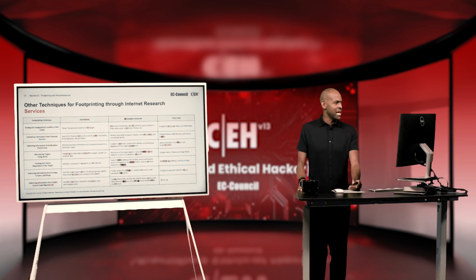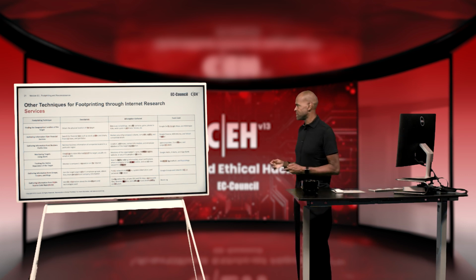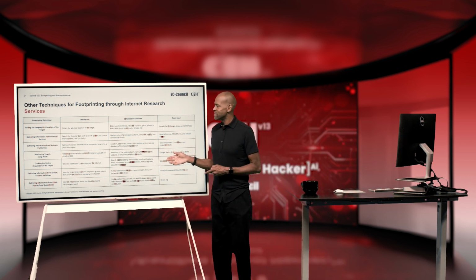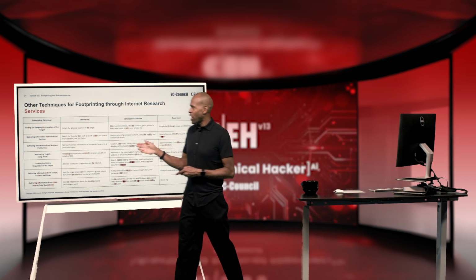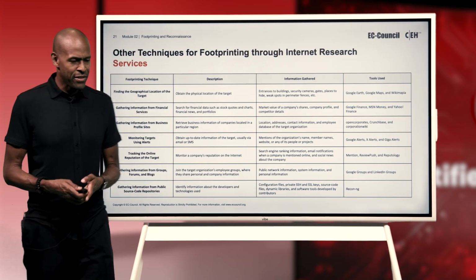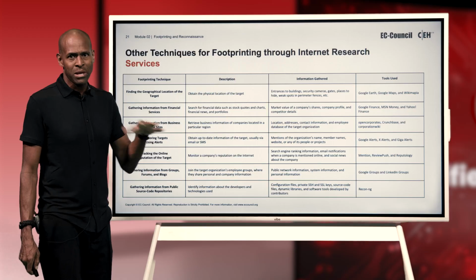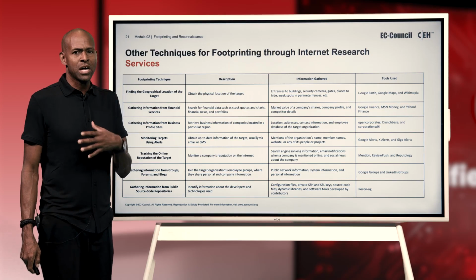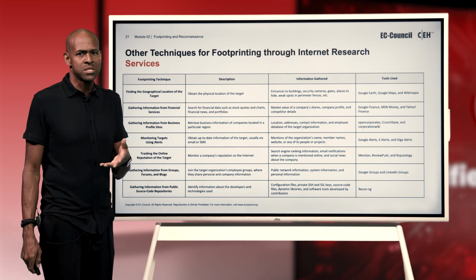Next thing we look at then is through other research services. And here's a table. We have a lot of different tables here. If we have a look, let's just zoom in on this a little bit. And we start off with geographical location. I do a lot of traveling, and now and then I'll just go in and zoom in on the geographics, or I have a customer that had a suspicious firewall entry.